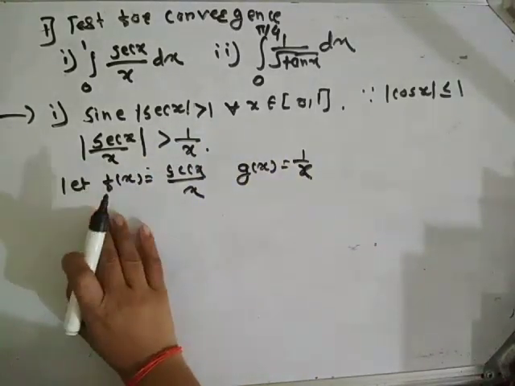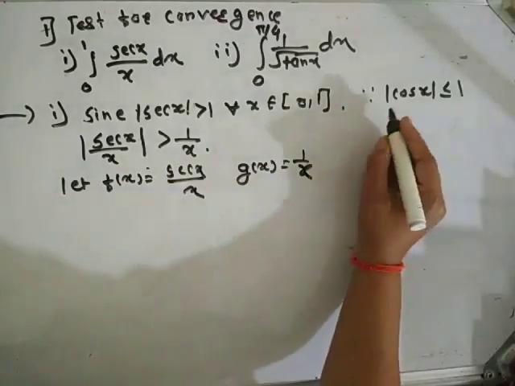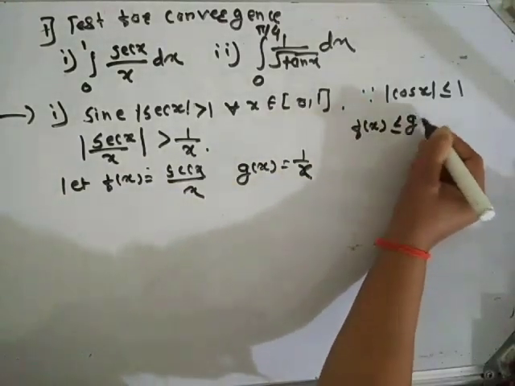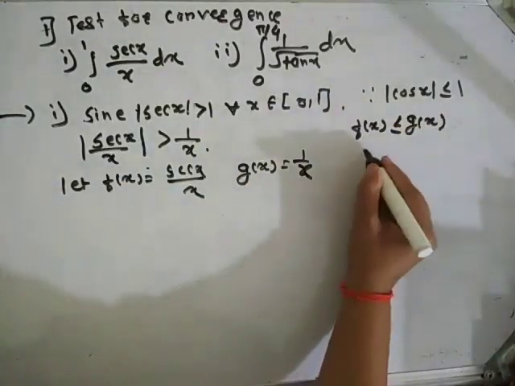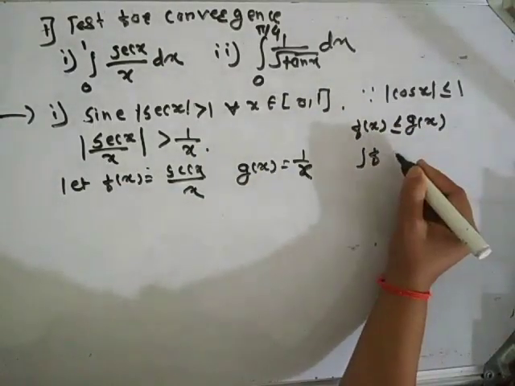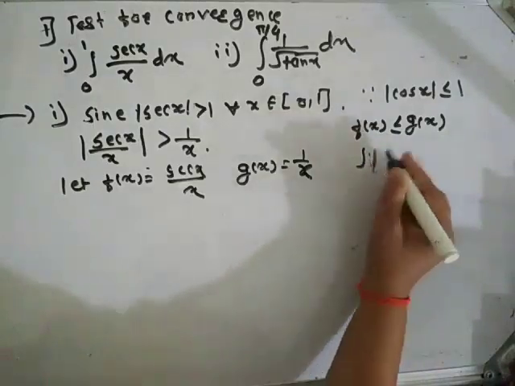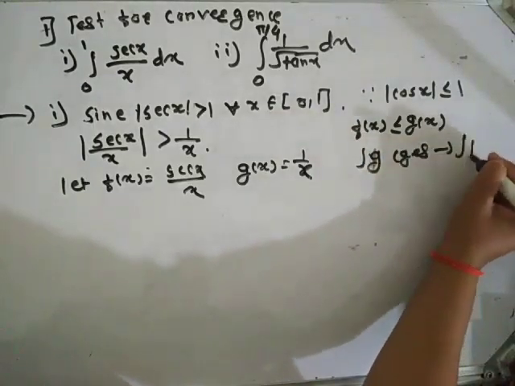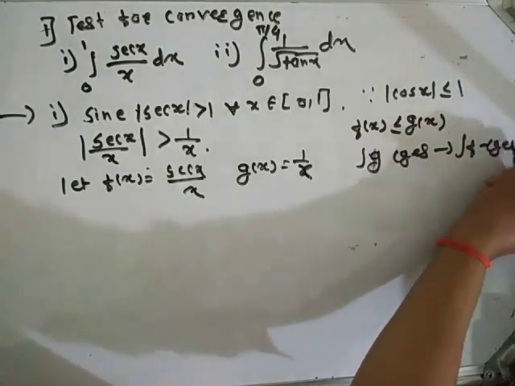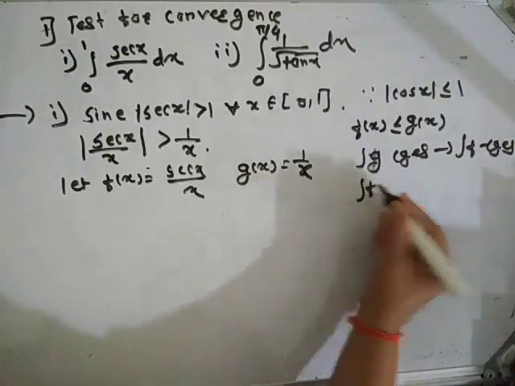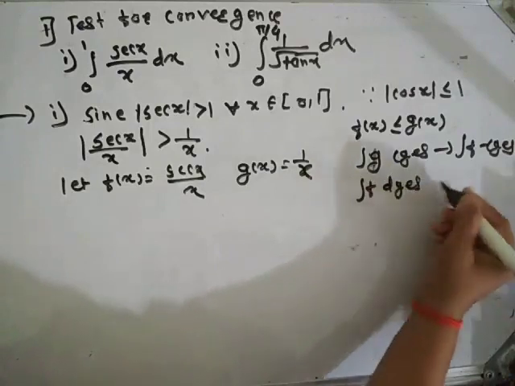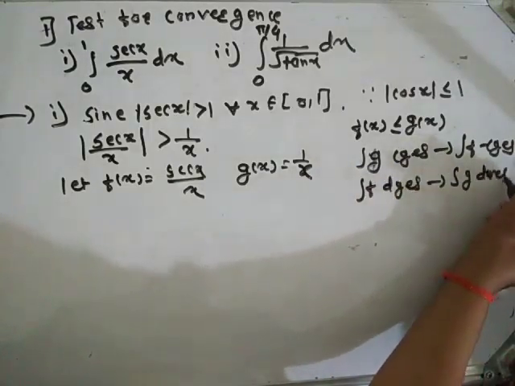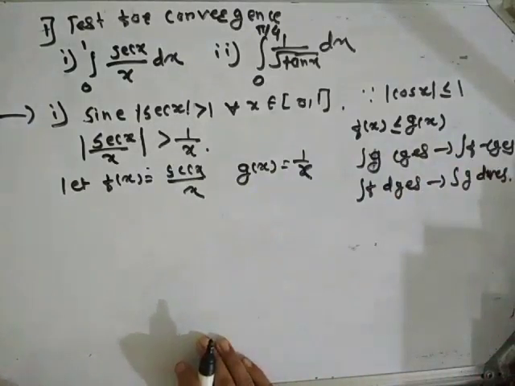Students, what does comparison test say? Comparison test says that if f of x is less than or equal to g of x, and integral g converges, then integral f converges. And if integral f diverges, then integral g diverges. Okay, this is our comparison test.